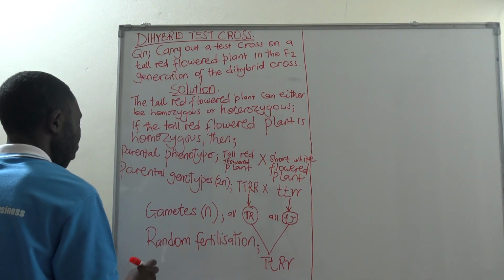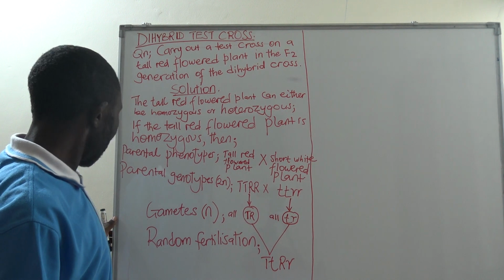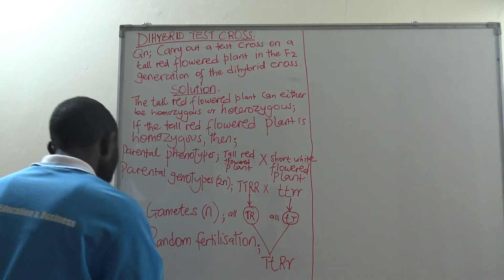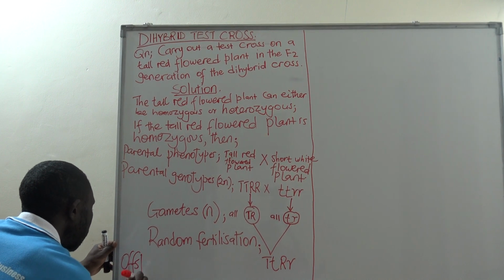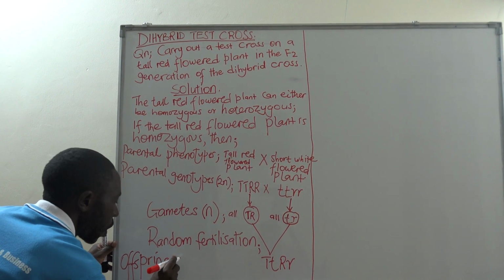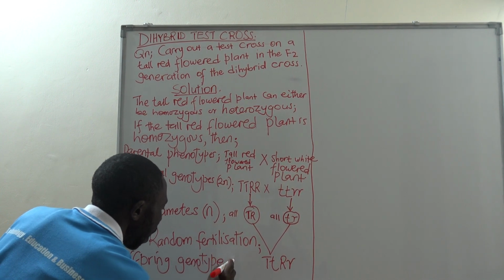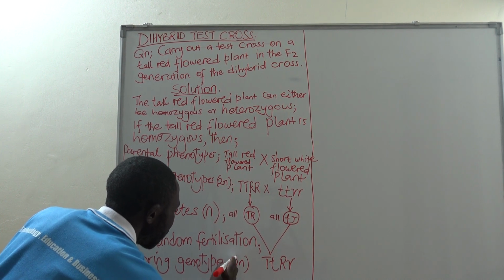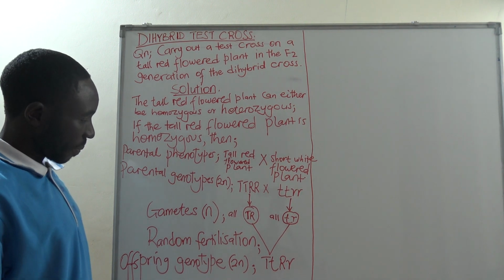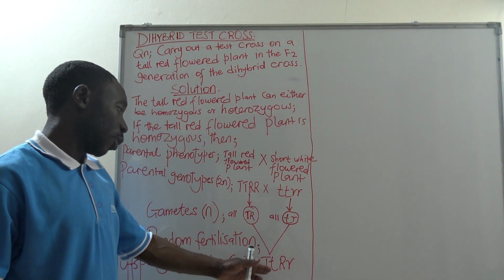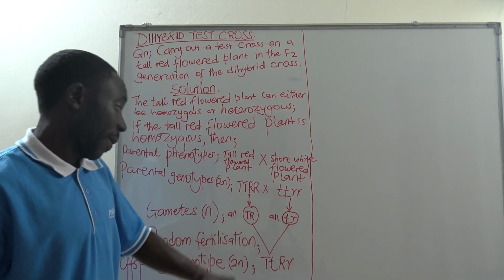This is the test cross offspring genotype, which is also 2n, since the diploid condition has been restored during fertilization.